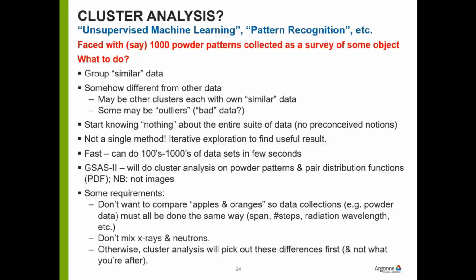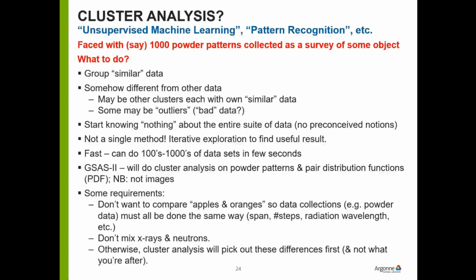So you want to group similar data that is somehow different from the other data. And there may be clusters of these, and there may be some bad ones. So you want to be able to detect all of that. And you know nothing about it, except it's powder data.